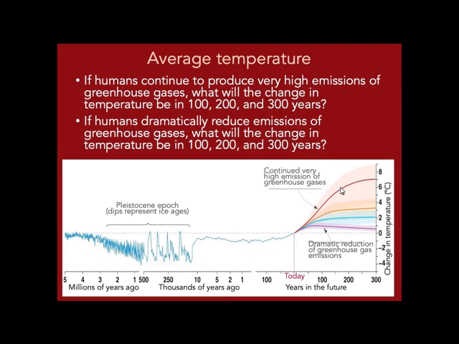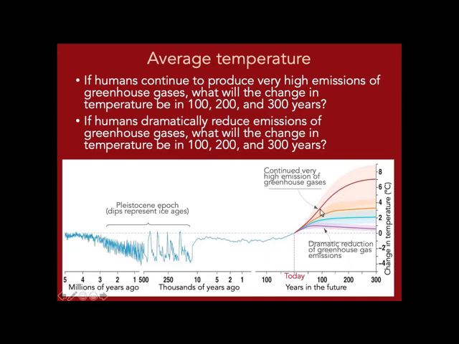All right, so if we continue to produce very high emissions of greenhouse gases, what change do we expect to see in temperature in 100 years, 200 years, and 300 years? Which line is the very high one? That's the one on top. It's red. I can't see color. Okay, well, it's this top line.